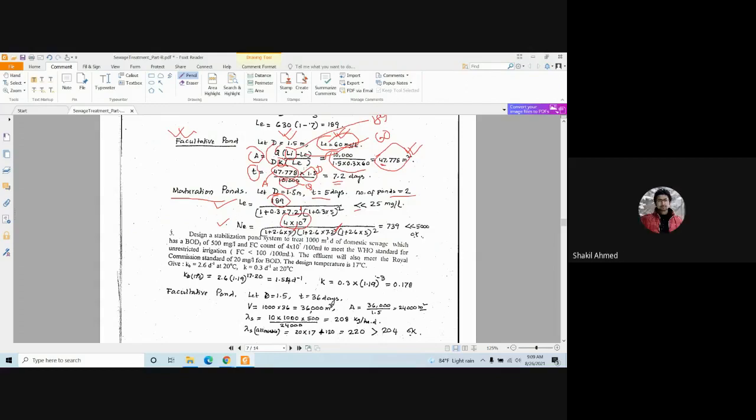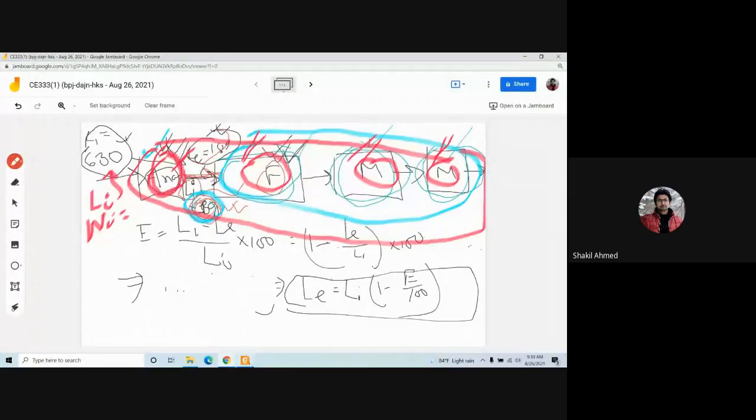And this is 1 plus k into t for anaerobic. This one is for the anaerobic pond.